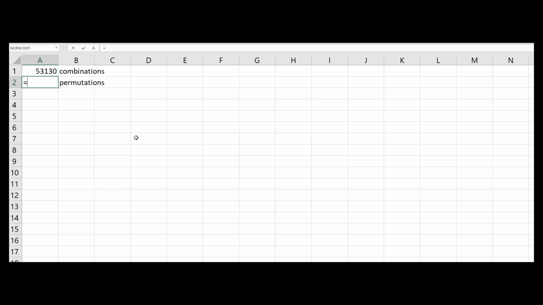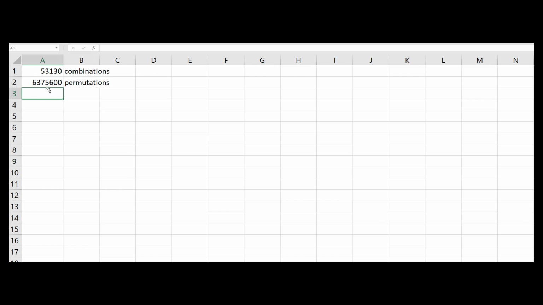Guess what? They also have a permutation function, PERMUT, the total, the number chosen. I hit enter, and I get the same exact value, 6,375,600. Now, this is just the total number of ways you can actually pick 5 numbers out of 25.